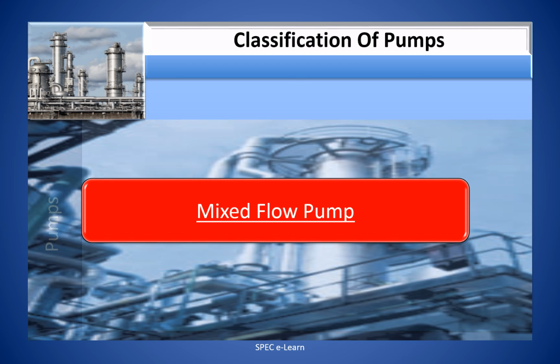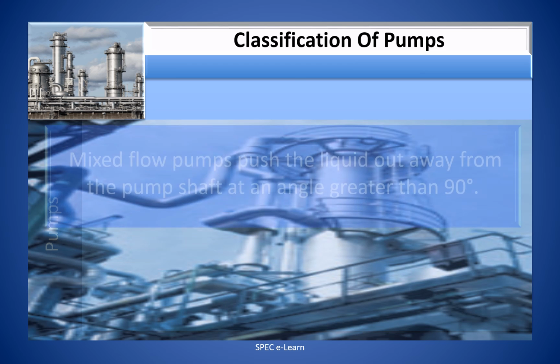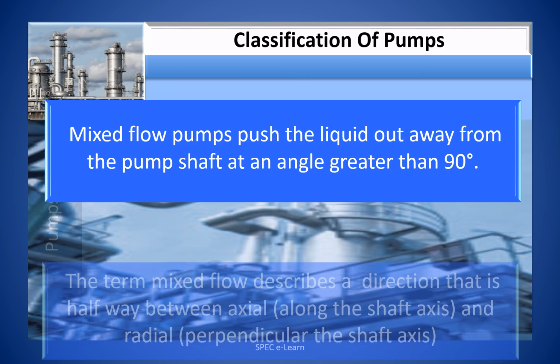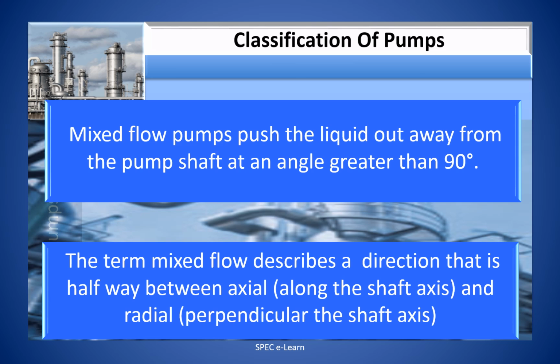Mixed flow pump. A mixed flow pump pushes a liquid out away from the pump shaft at an angle greater than 90 degrees. The term mixed flow describes a direction that is halfway between axial, that is along the axis, and radial, perpendicular to the shaft axis.